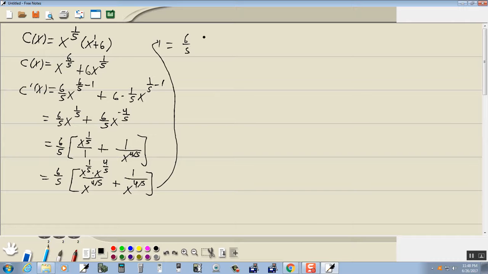Then we got 6/5 times x to 1/5 times x to 4/5, x to a power times x to a power, you add the exponents. 1/5 plus 4/5 is 5/5, or 1. So that's x to the first over x to the 4/5 plus 1 over x to the 4/5. So we got x plus 1 up on top, and we got x to the 4/5 down below.